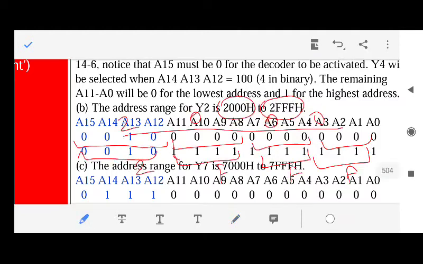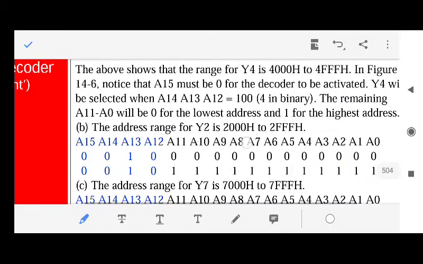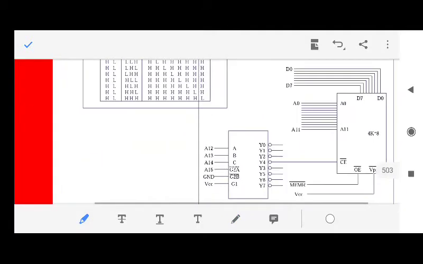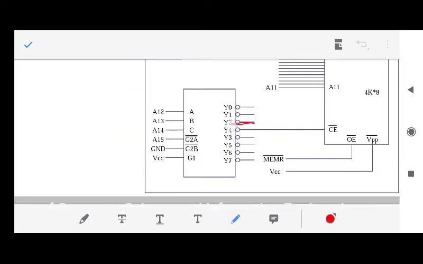Fine. So please do this exercise, how to calculate the address when you are using a particular pin of the decoder. You're using pin number 2 here, that's why this is 010.